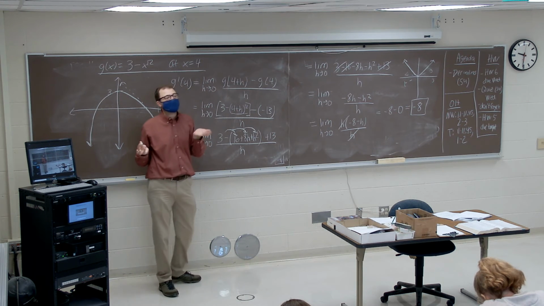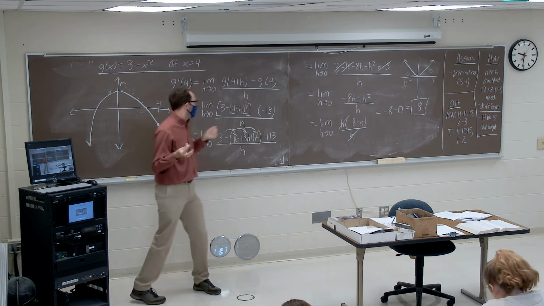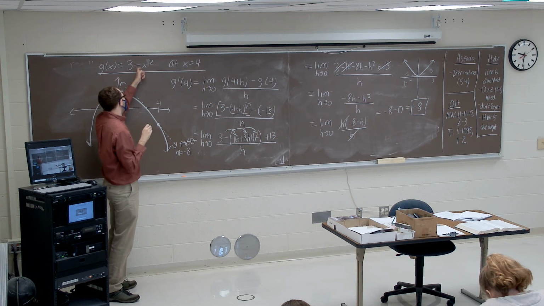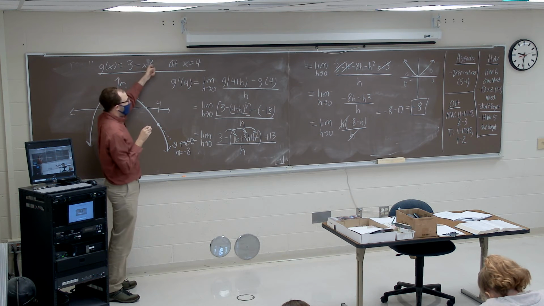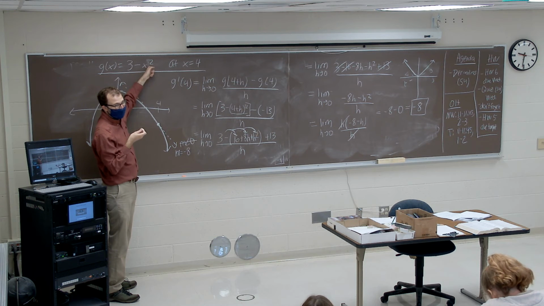I can hear some of you stewing in the back of the room. You're thinking to yourselves, Dr. Gerstle, let's go back to the original equation. Can't you just take the derivative, get negative 2x, plug in x equals 4 to negative 2x, and get negative 2 times 4 is negative 8? In other words, the easy way.